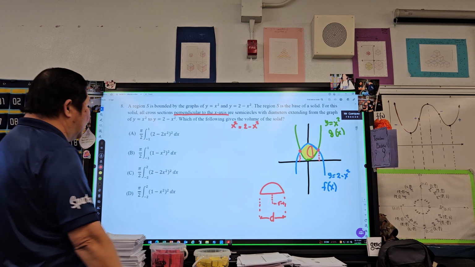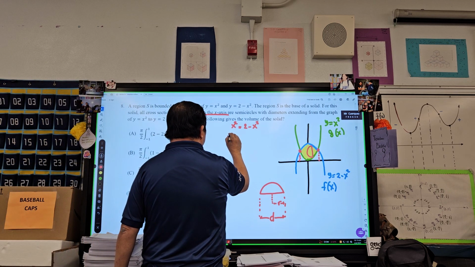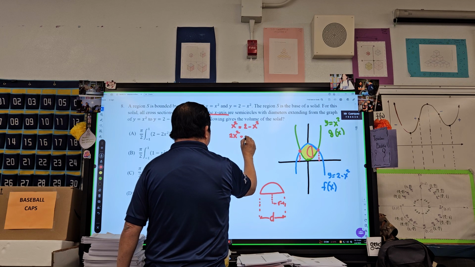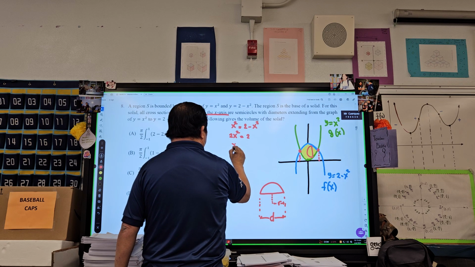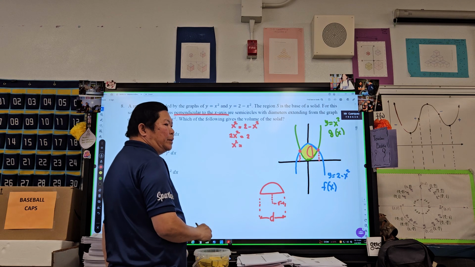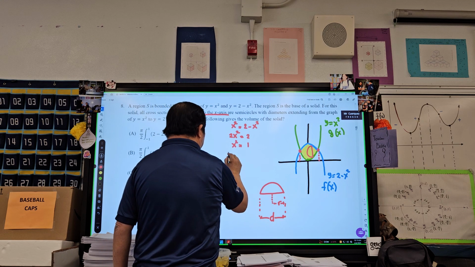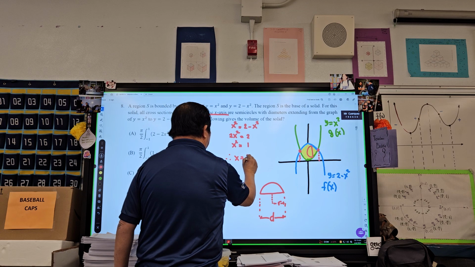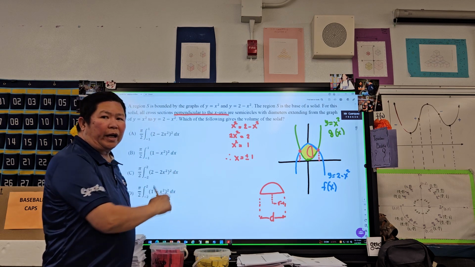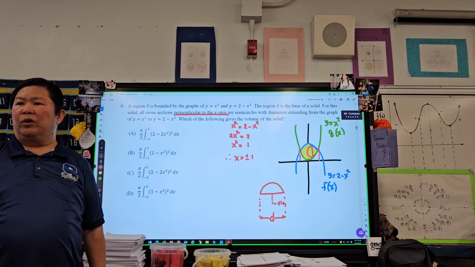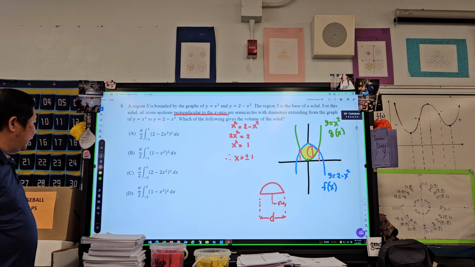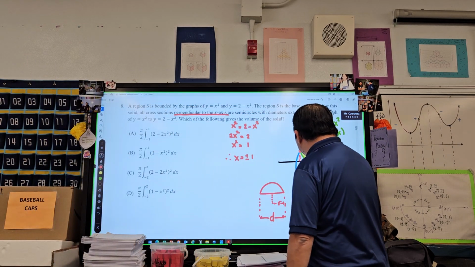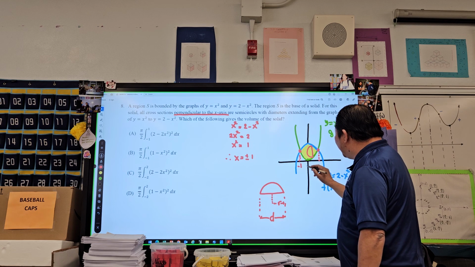There are 2x squared now, equal to 2. So x squared is equal to 2 over 2, which is 1. So therefore x is plus and minus 1. So negative 1 and positive 1 is our limit.